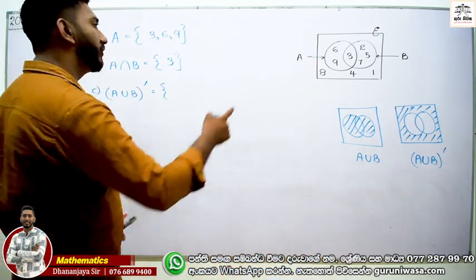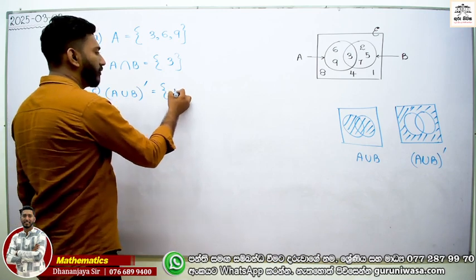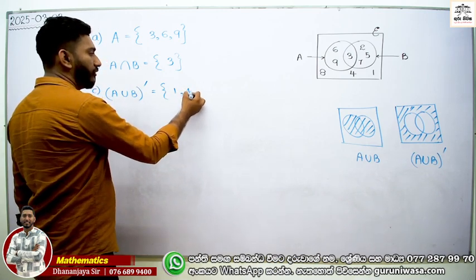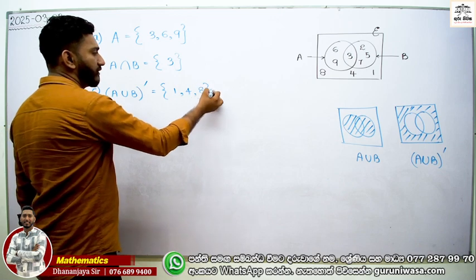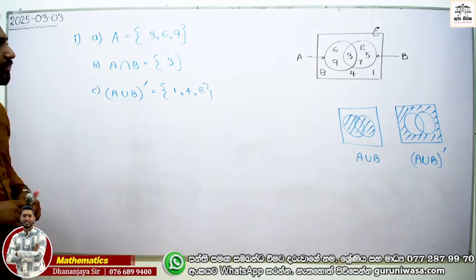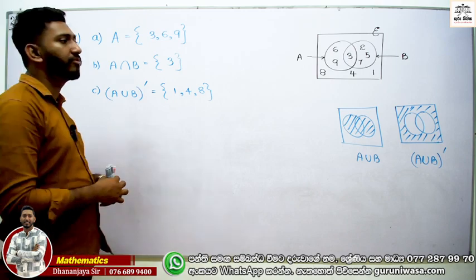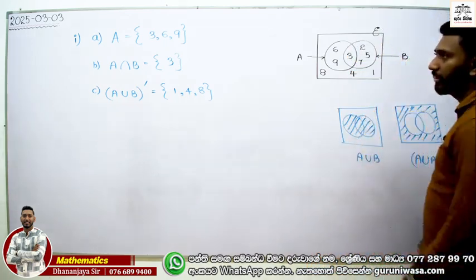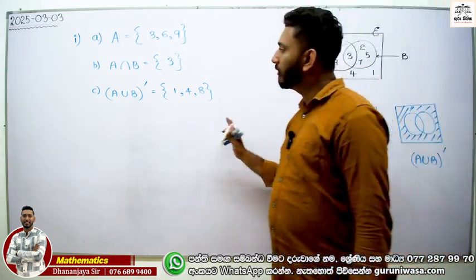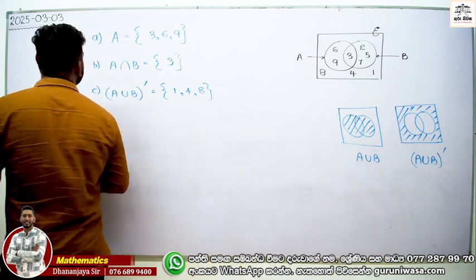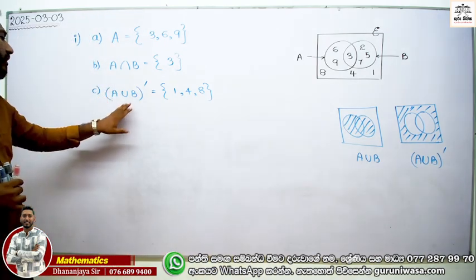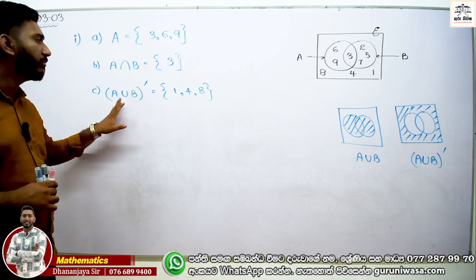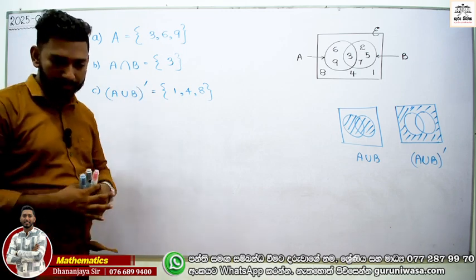The answer becomes 1, 4, 8. This is the answer for C: 1, 4, 8.